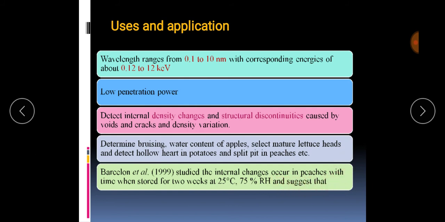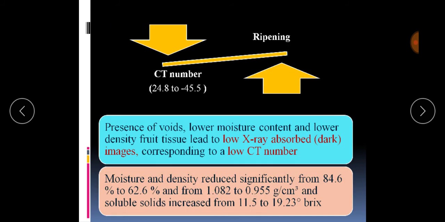They suggest that the presence of voids, lower moisture content and lower density of fruit tissue lead to lower X-ray absorption. If there is a void, lower moisture content, and lower density of fruit tissue, then X-ray absorption will decrease and the image will become darker, corresponding to a low CT number. The CT number is also low.